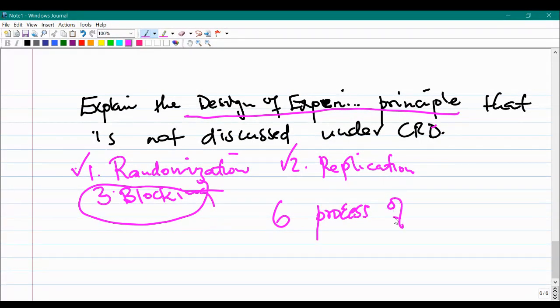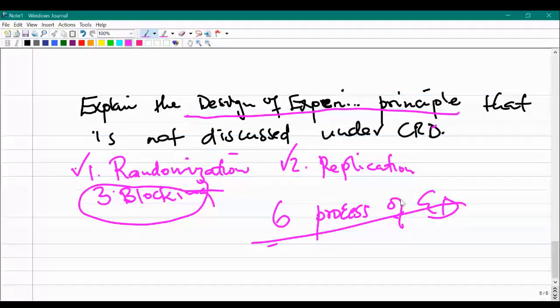The 6 processes of experimental design, where you plan, you design, and so on. I didn't ask you to list them. I said use those 6 processes to give me an example. You can also use the class example, the one about teaching methods.